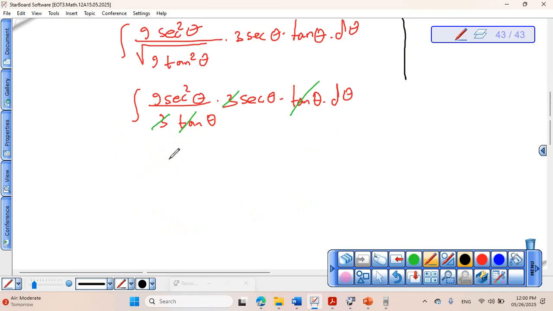This is the integral, 9 outside, sec square theta times sec theta tan theta... Everything is ready now. We can find this integral.